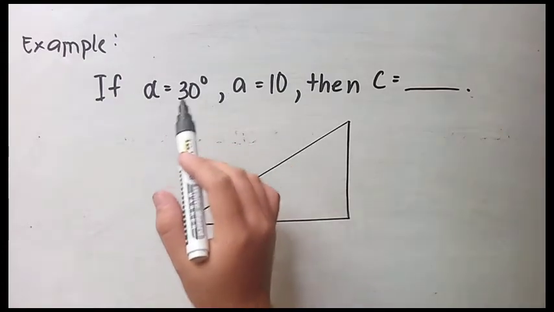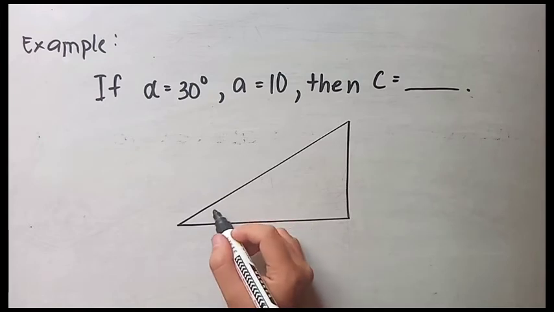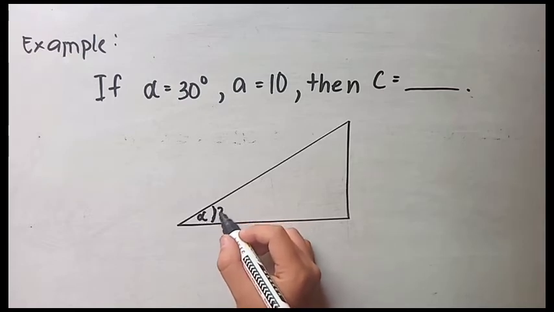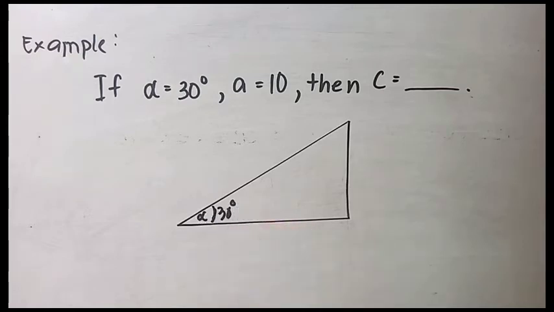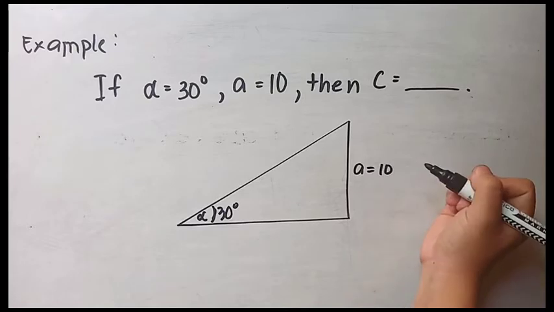So yung alpha natin dun sa given is 30 degrees. That is the smallest angle. So this is our angle alpha, that is 30 degrees. And our side A is 10. So A is equal to 10.